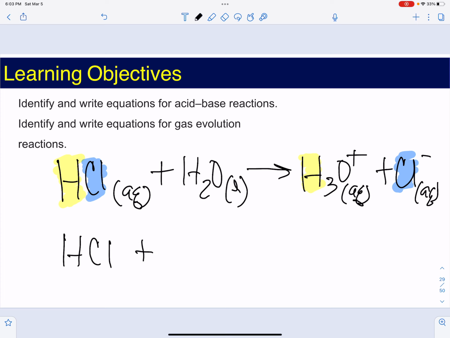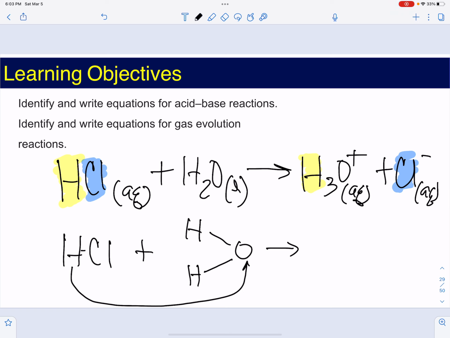So the hydrochloric acid reacted with water, and I'm going to show you water like this. We're going to study in about 5 more chapters why water can be drawn like that. And then this hydrogen comes in there, producing H3O, so 1, 2, and 3. Now it acquires a positive charge, and the Cl is now by itself.